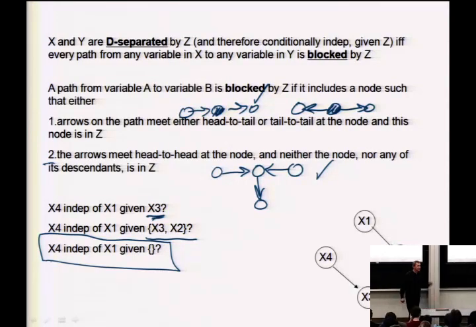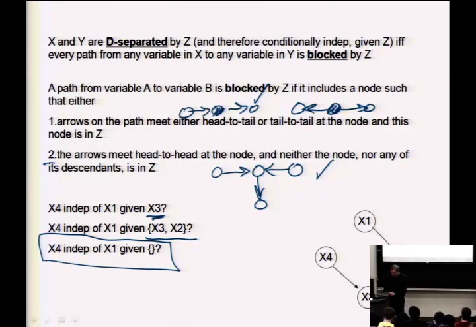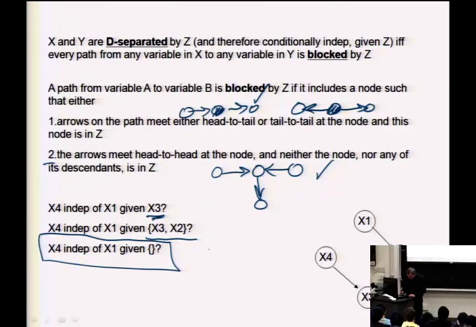Yes? Can I ask a question? Like when you have the x3 and x2, do you look at them as one long cloud or something? Oh, when I write it this way? So let's go back to our definition of conditional independence.